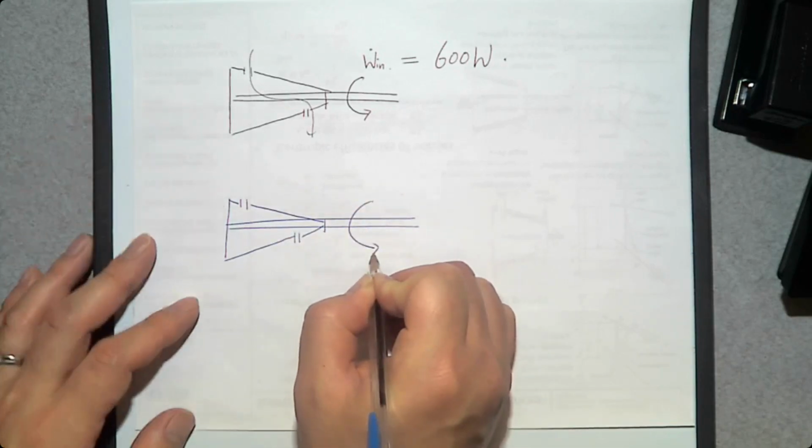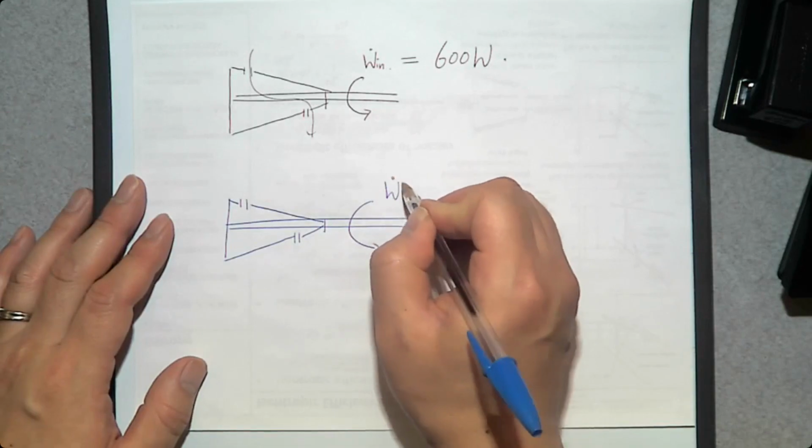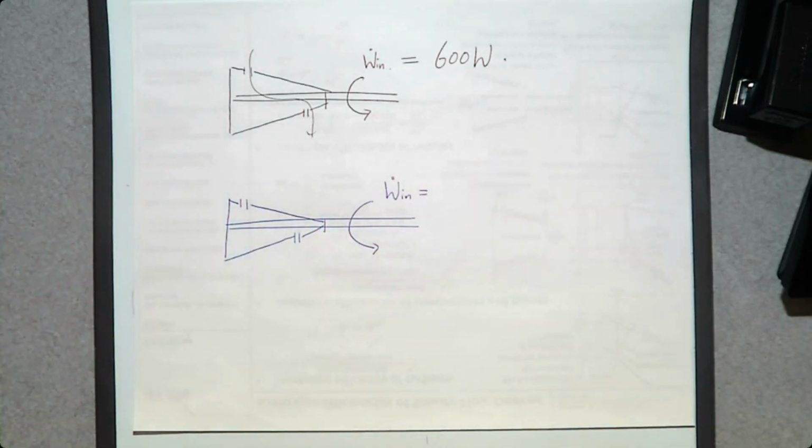Same condition at the inlet, same condition at the exit, everything looks the same. And the power consumed by this ideal compressor should be greater than 600 or less than 600? Should be less than 600. It's ideal, it should consume less for the same job.